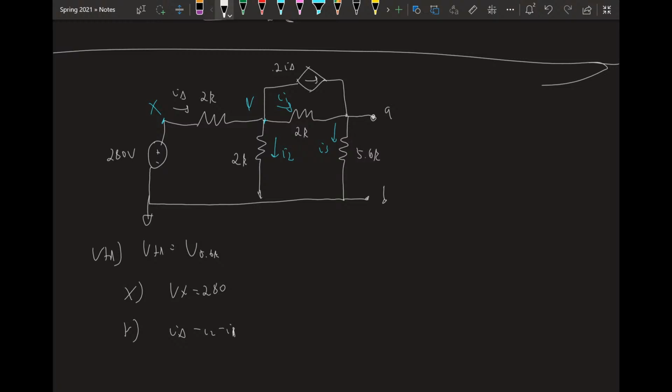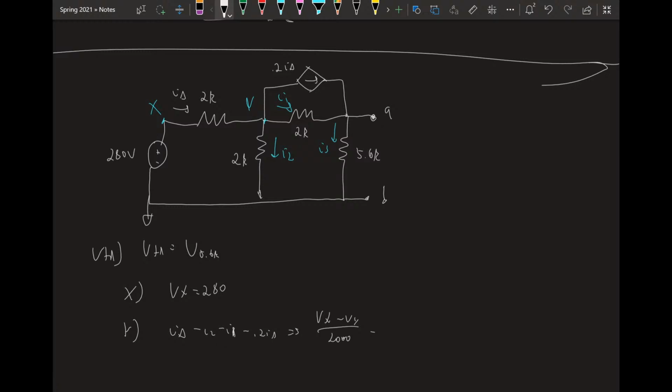I actually know what I delta is already, so I don't have to think about that dependent source. I delta is going to be Vx minus Vy over 2000. I2 is going to be Vy minus 0, because that's ground, over 2000. We're going to have I1 as Vy minus Va over 2000.